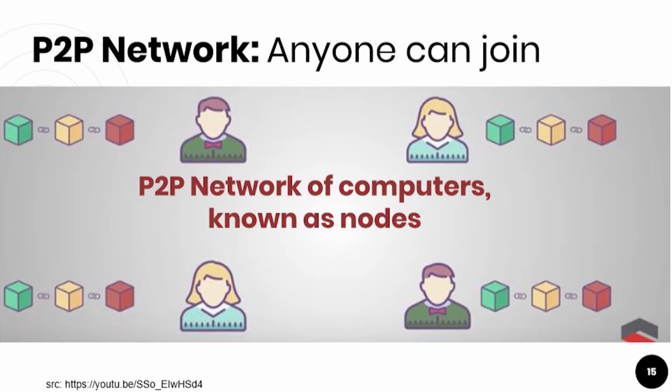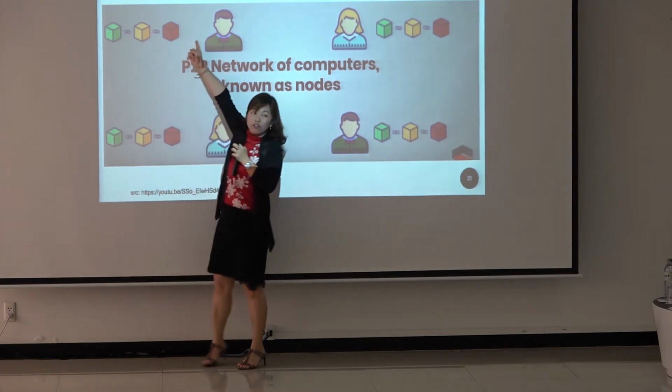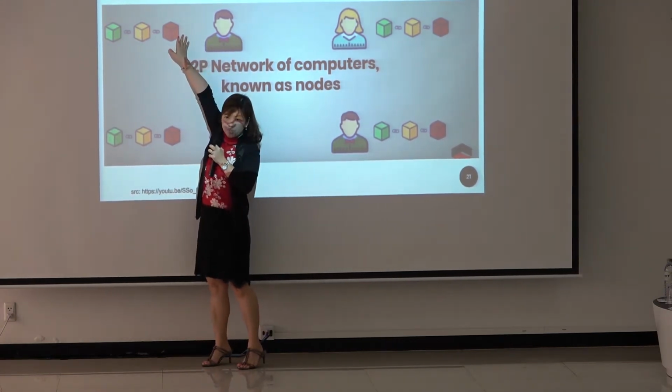Blockchain is designed to be on a peer-to-peer network, or distributed network of computers. That means anyone who wants to join the blockchain, to be one of the nodes, has my computer joining this. And that means if I join, I will have a copy of the blockchain in my computer.